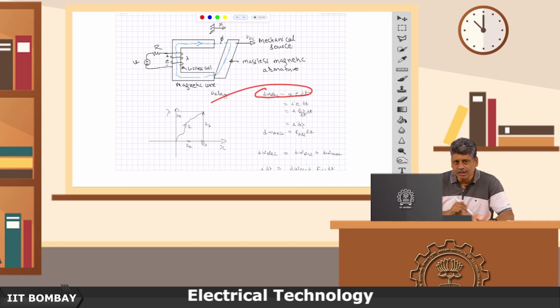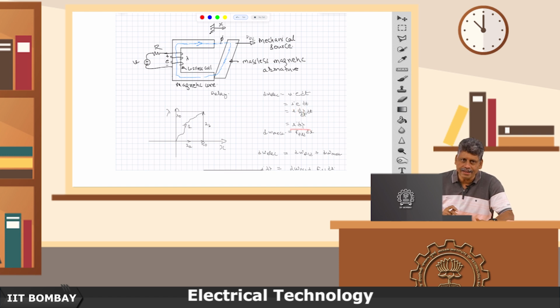So, how much energy do you pump in? Whatever is the EMF induced here, e times i is the power, times dt is the incremental electrical energy which is pushed in, and by Faraday's law and our sign convention appropriately set, e is d lambda by dt.